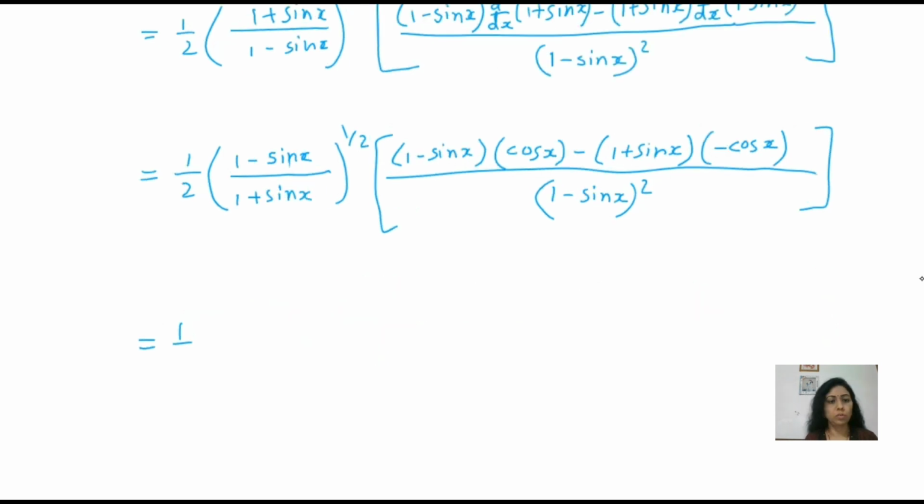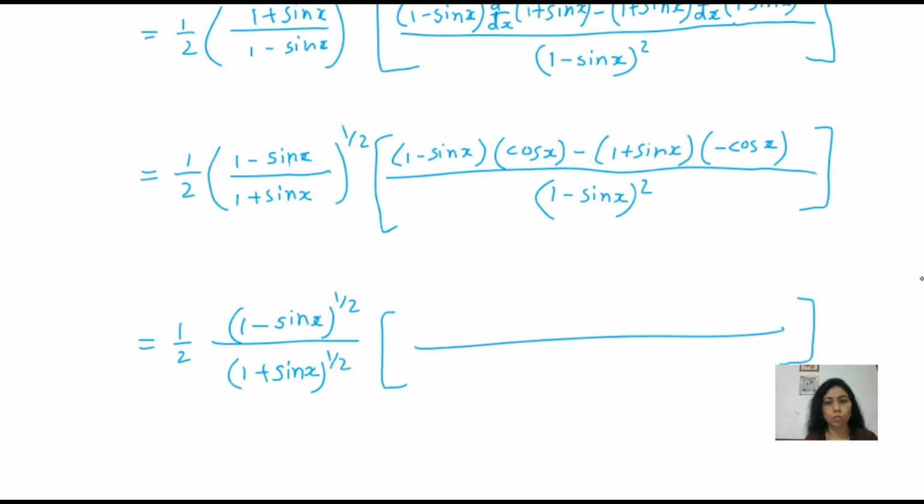Here 1/2, and we can write (1 minus sin x) to the power 1/2, (1 plus sin x) to the power 1/2, and here (1 minus sin x) whole squared, and we can simplify this numerator.